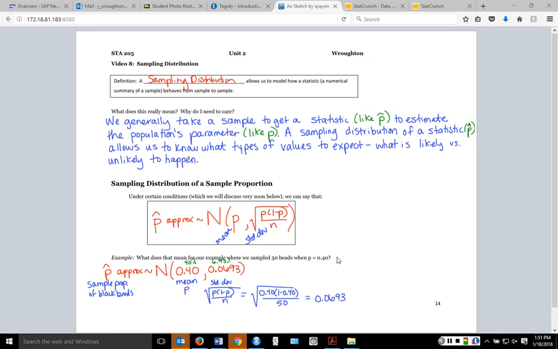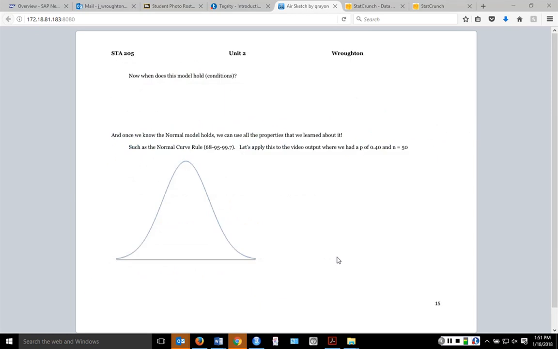Now I mentioned that this is only going to work under certain conditions. So we actually do need to talk about what those conditions are. The first thing goes back to the beginning of our unit. We need a relatively random and unbiased sample.